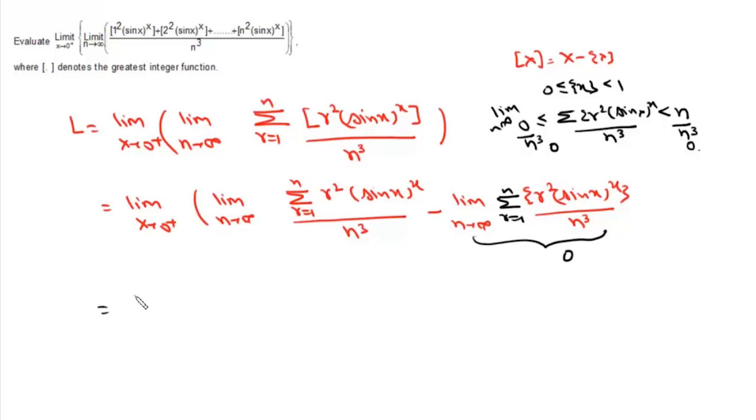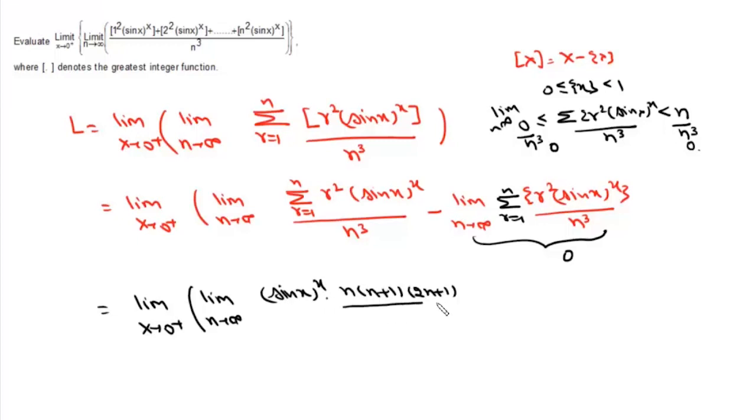So in that case, this limit will be limit x tends to 0 positive, limit n tends to infinity, of sin x to the power x, and then summation r square, and summation r square is n(n plus 1)(2n plus 1) divided by 6. Now this is an infinite limit.